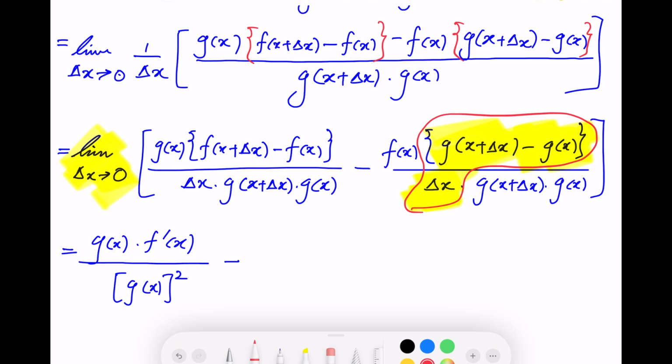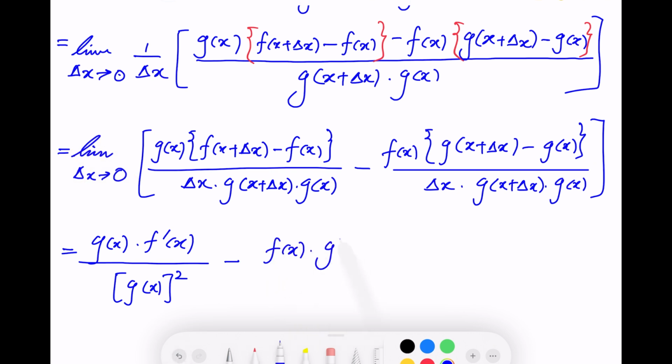Then for the rest of that function, I can substitute delta x equals 0. When I do that, of course, this term is gone. Then it becomes g of x squared once again in the denominator. There is no change for this first term. It stays as f of x. So let me write down those pieces. It will be f of x times g prime x divided by g of x squared.